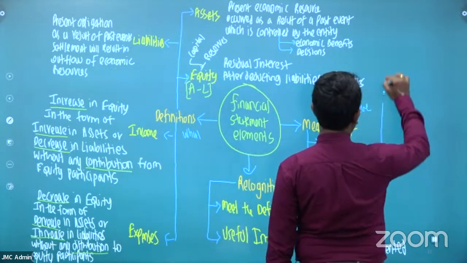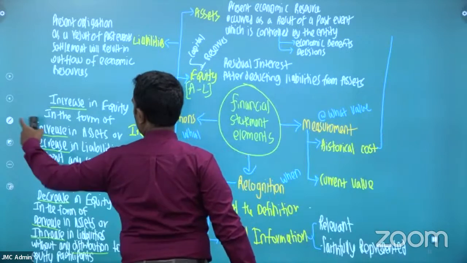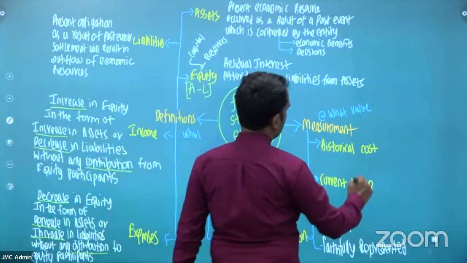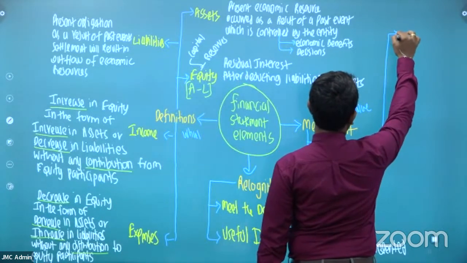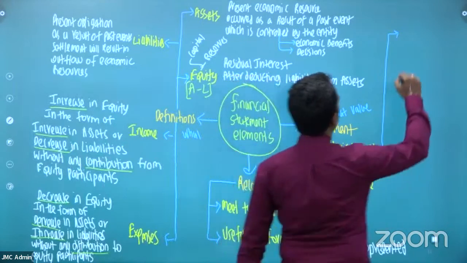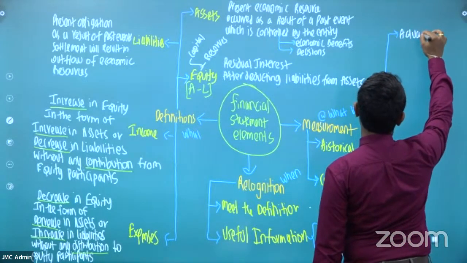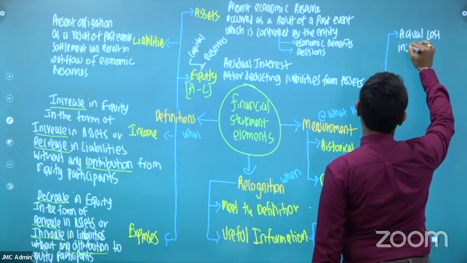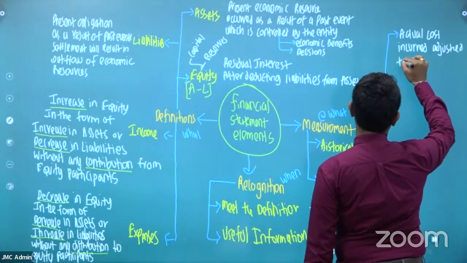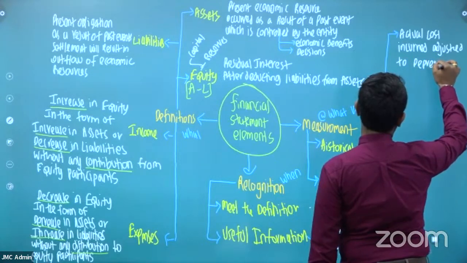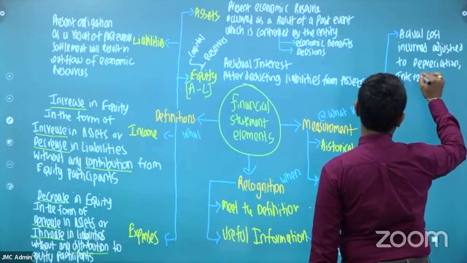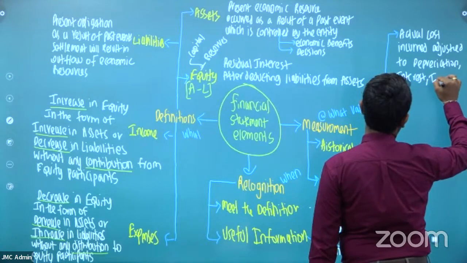What is the meaning of historical cost? Historical cost means the actual cost incurred, adjusted for depreciation, maybe interest, maybe impairment.